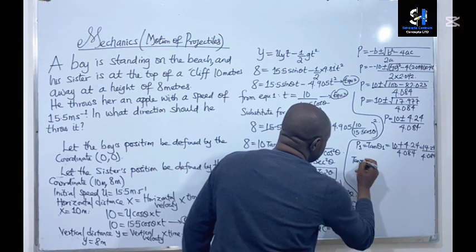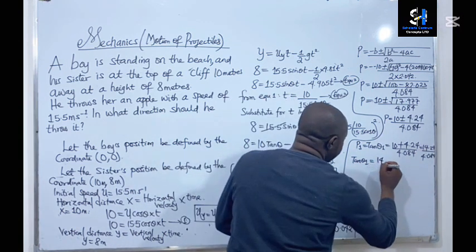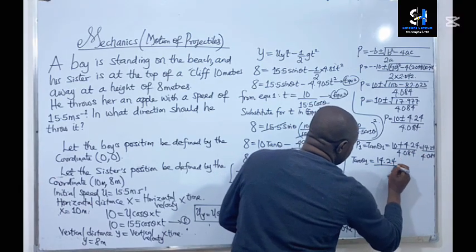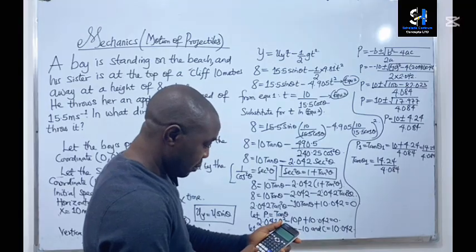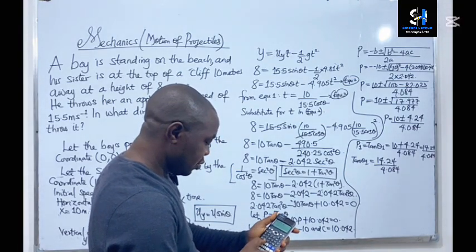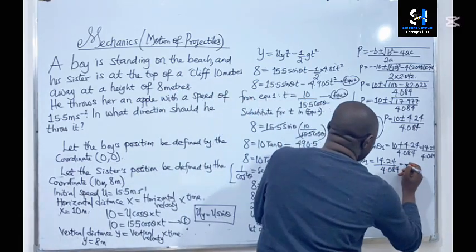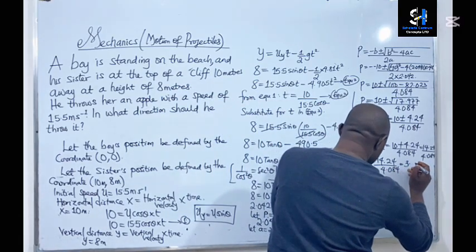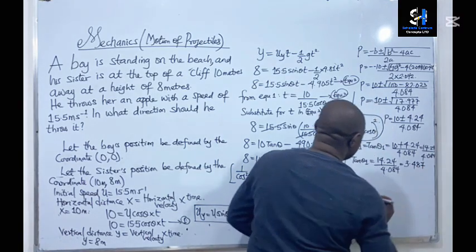So tan theta 1 will be equal to 14.24 divided by 4.084. That will be equal to 3.487.